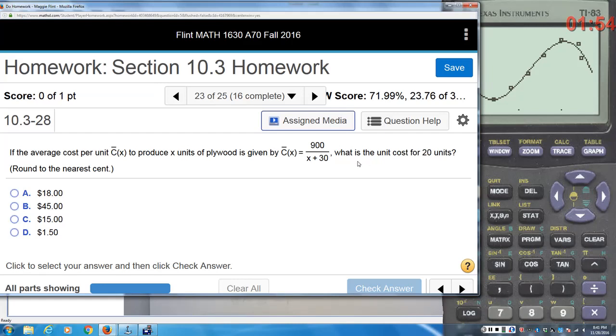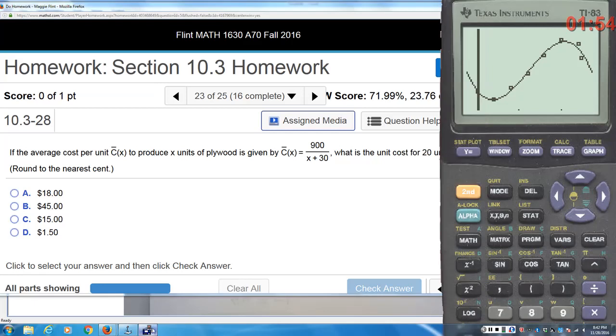In order to answer this one, since this is the average cost function, you plug 20 units in for X, and that will give you the average cost per unit. So 900 over 20 plus 30 is 50. 900 over 50.